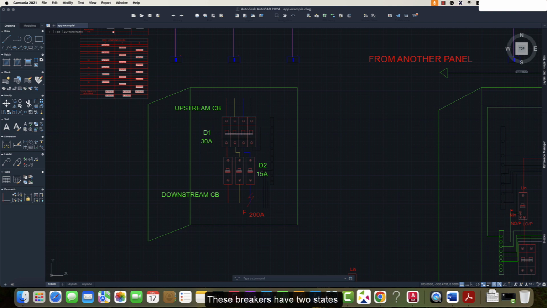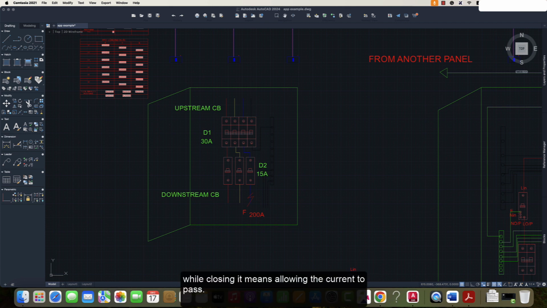These breakers have two states, open and closed. When a fault occurs, the protective devices need to respond appropriately. Opening a circuit breaker means interrupting the flow of current, while closing it means allowing the current to pass.